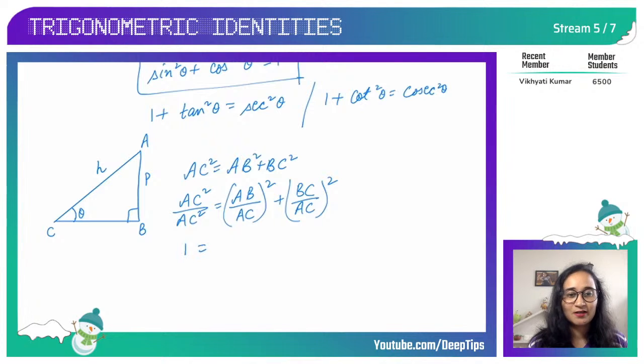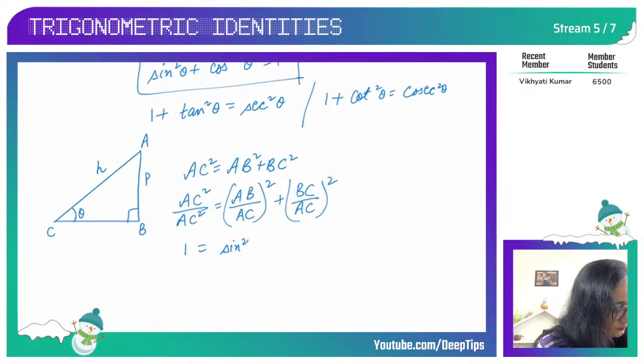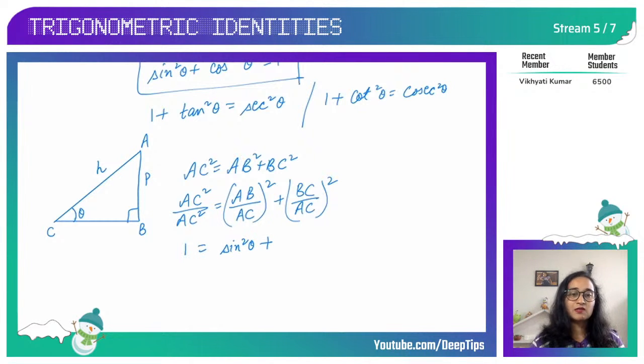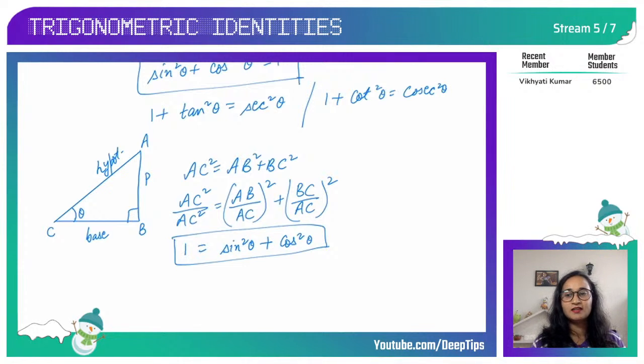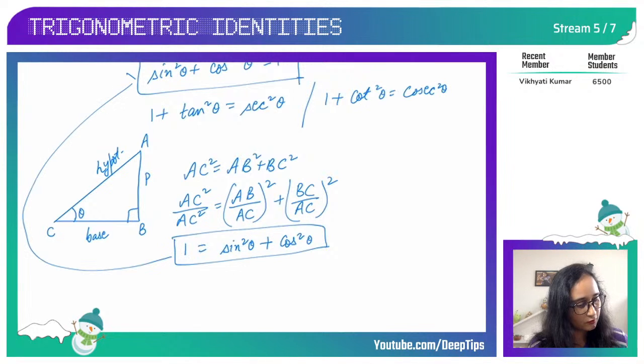So perpendicular upon hypotenuse is sine theta, so I can write here sine square theta. And what is BC upon AC? BC is my base, AC is my hypotenuse. So base upon hypotenuse gives me cos theta. So I can write here cos square theta, and here goes my first identity, right? So this is what I have proved from Pythagoras theorem.